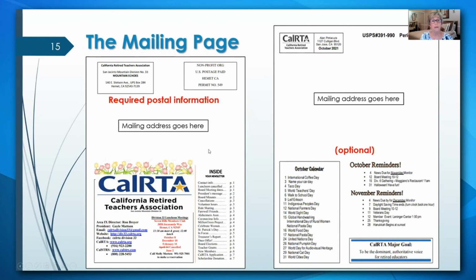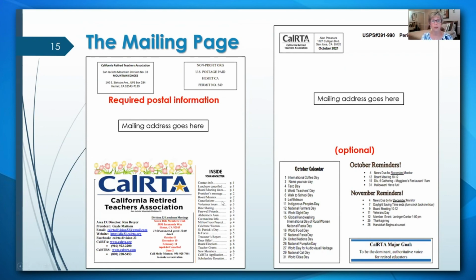This blank space right here in both of the newsletters, this is where the postal address sticker or stamp goes for mailing purposes. And the lower half can be customized if you want. You can have contact information for your president, for Facebook, for your website, whatever.